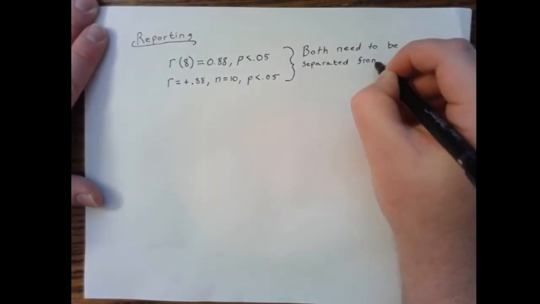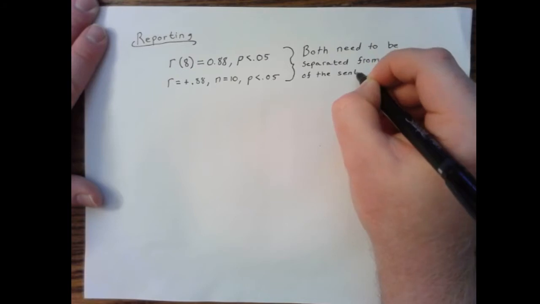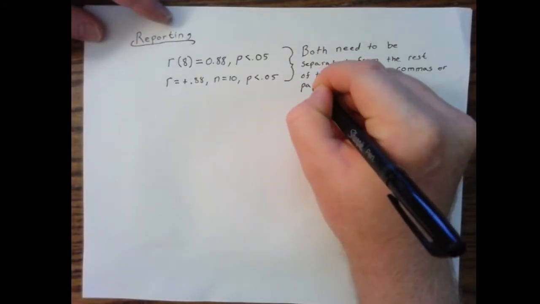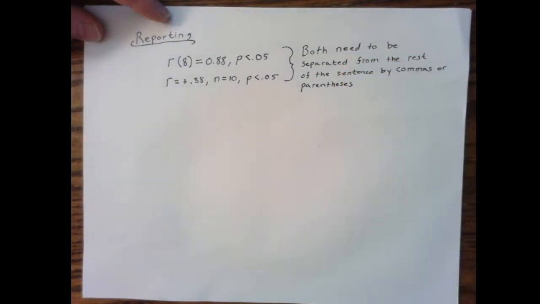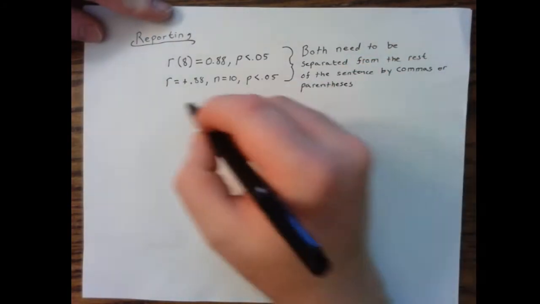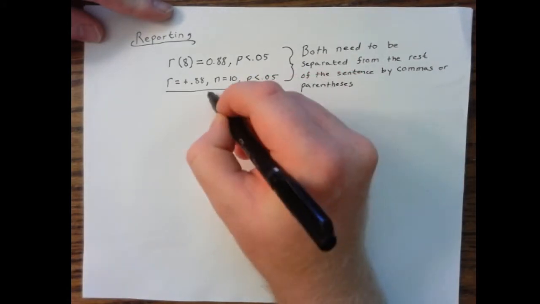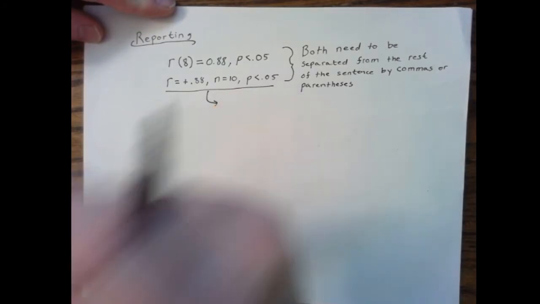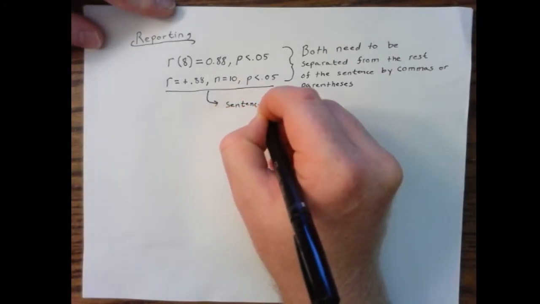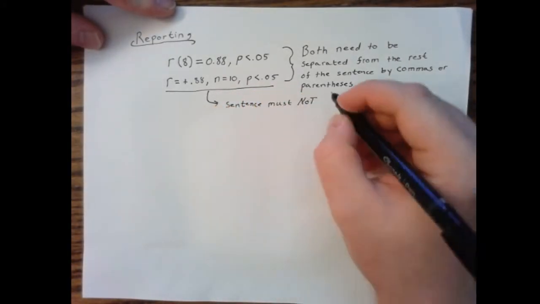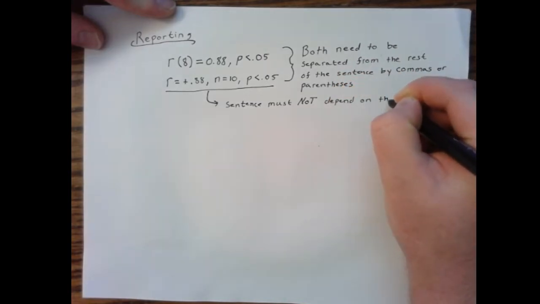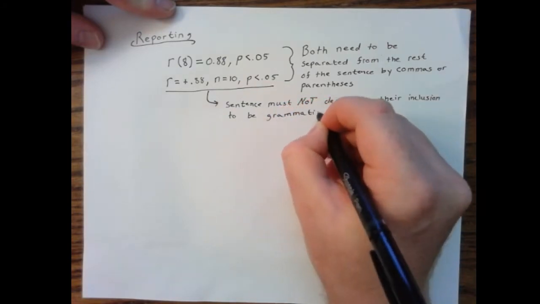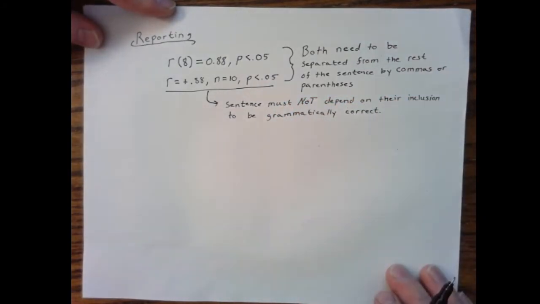They both need to be separated from the rest of the sentence by commas or parentheses. And also, critically, they can't play what's called a grammatical role in the sentence. In other words, the sentence must not depend upon these reportings, these statistics, to make it a complete sentence. You have to be able to read that sentence independent of these and have it work.